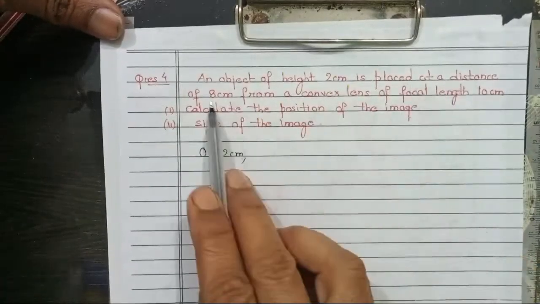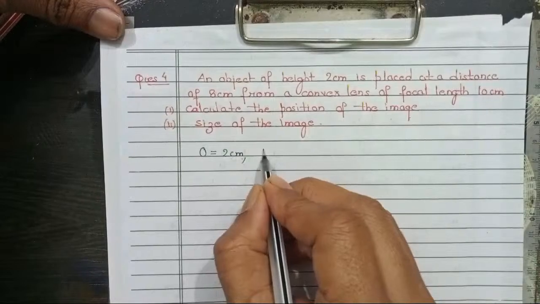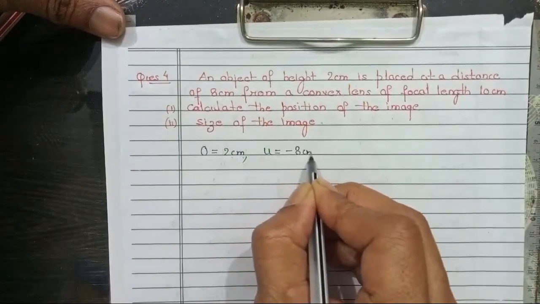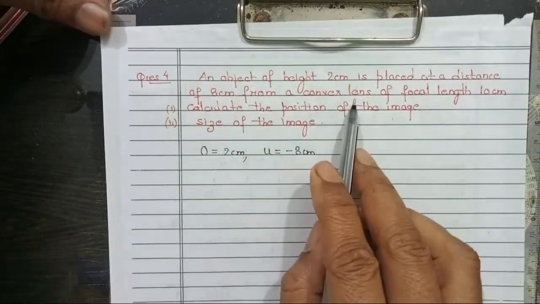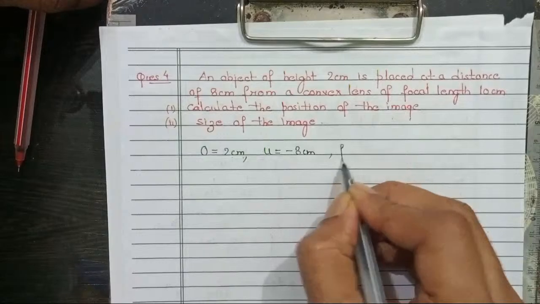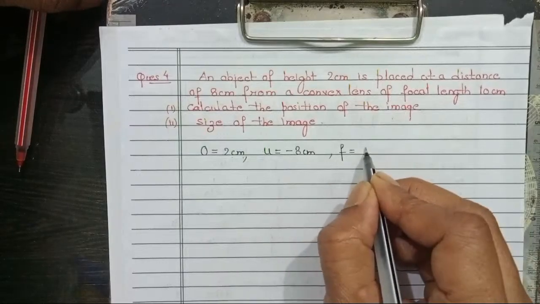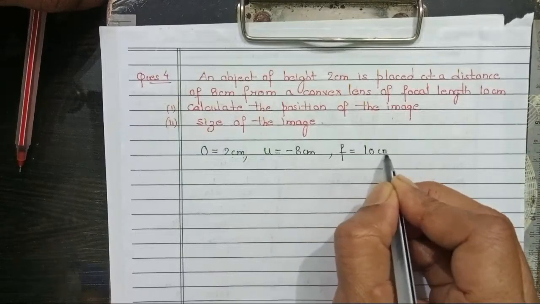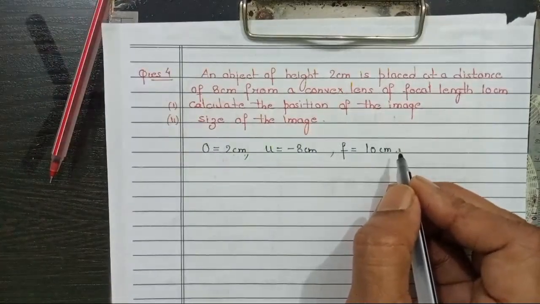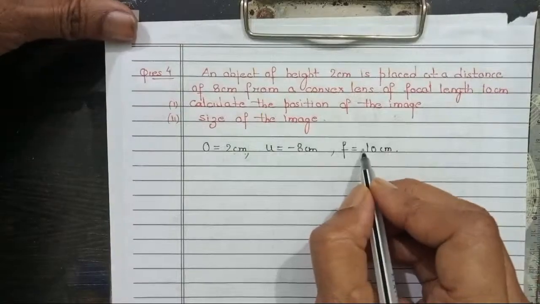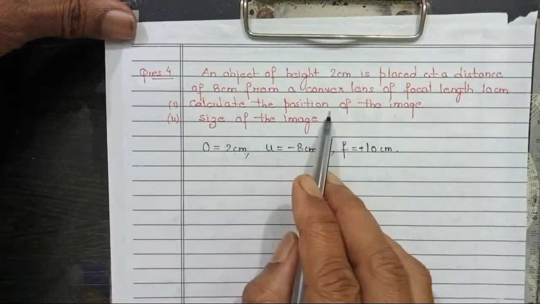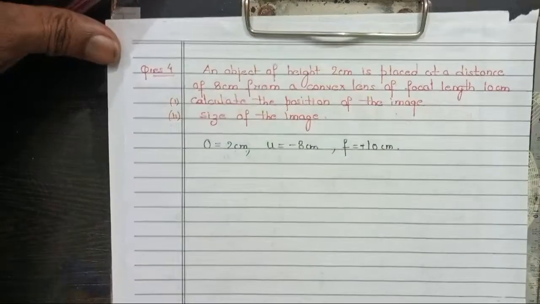It is placed at a distance of 8. So object distance, that is u, is always taken negative, from a convex lens of focal length. Now it's a convex lens, so focal length will be positive. Focal length will be plus 10.